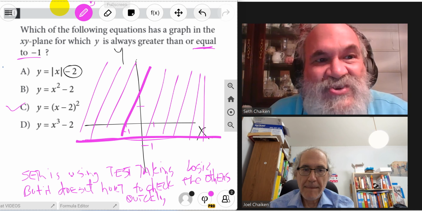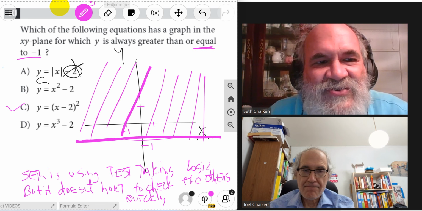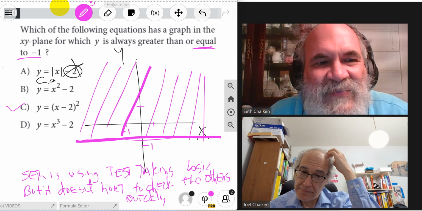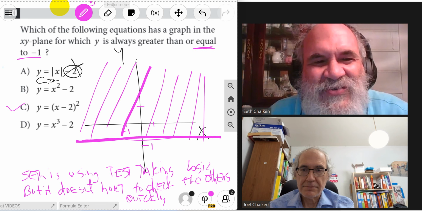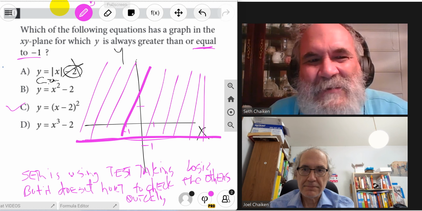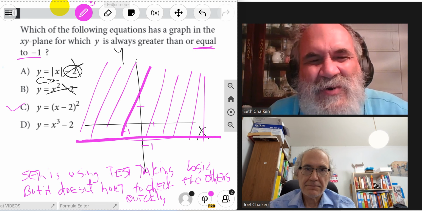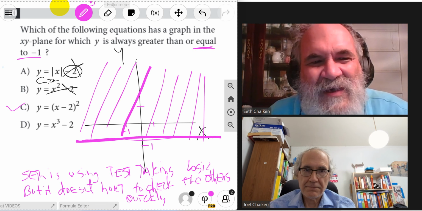So that's no good. Similarly, x squared minus 2 is the same thing. x squared could be 0, so that's not an answer because y could be minus 2.